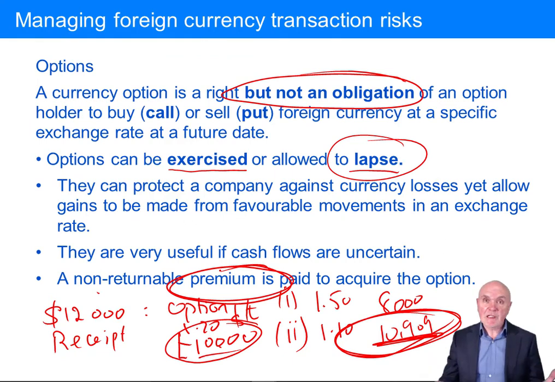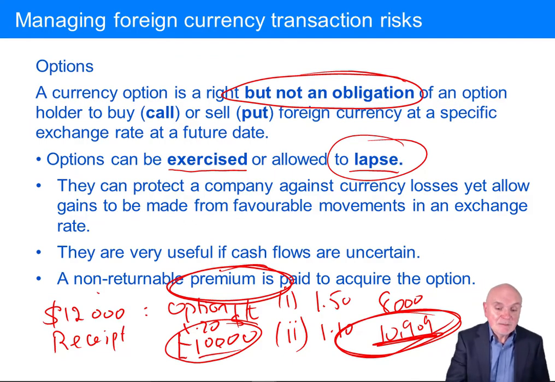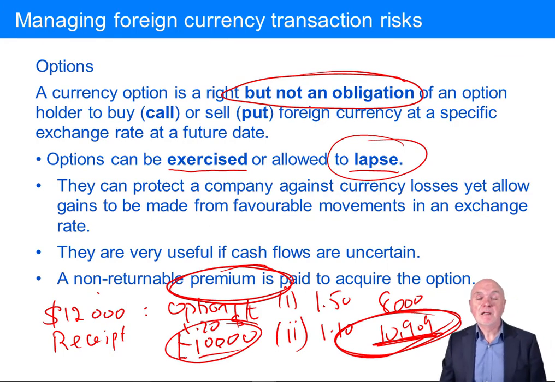It's like insuring yourself. You will never make less money than 10,000. That's your worst possible outcome, and it's like paying an insurance premium to guarantee you're not going to make a loss if you crash your car or your house burns down.